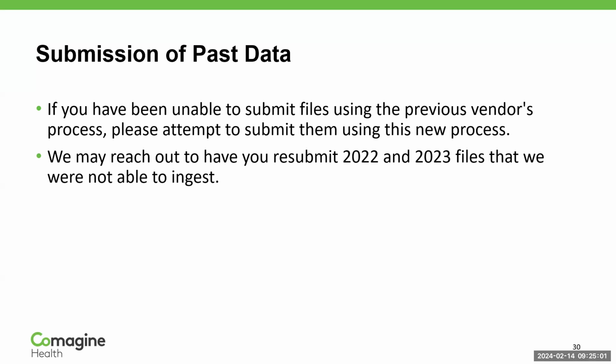We even may reach out to you to have you resubmit 2022 and 2023 files that we have not been able to ingest for reasons like issues with the CHIA encryptor and some other issues that have come out. We may be reaching out to you asking you to try to submit for this process, hoping that it's a little bit more smooth for you all and us to get those ingested as well.